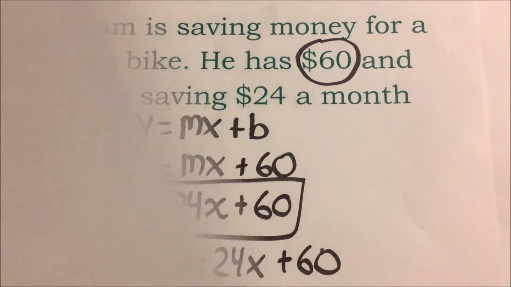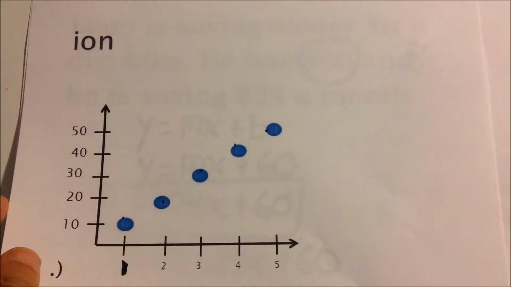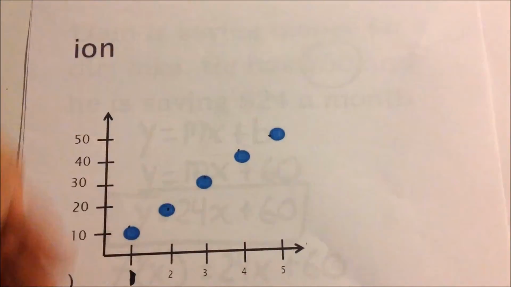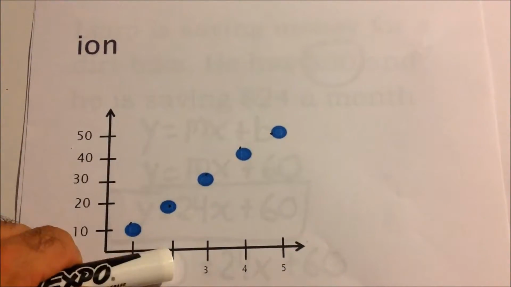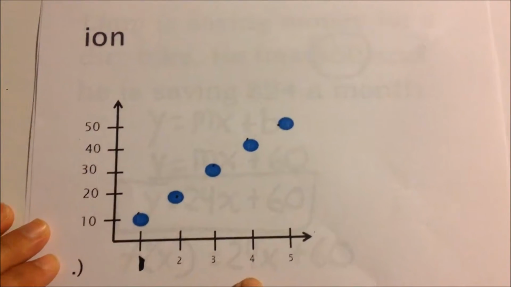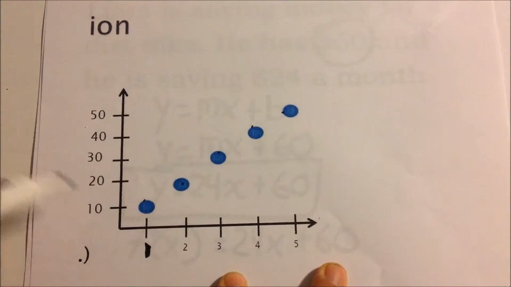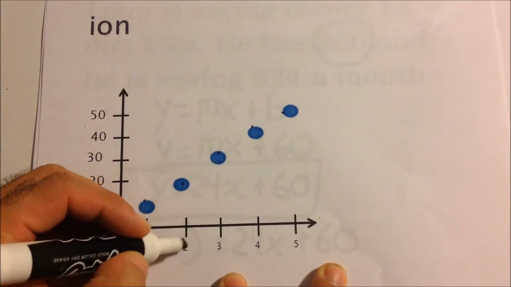So if it's discrete, you're not going to have a solid line. You're just going to have dots that represent each month: 1 month, 2 months, 3 months, 4 months, and so forth. Now, in this case here, let's look at this graph. We know it's discrete, and we're using integers, 1, 2.